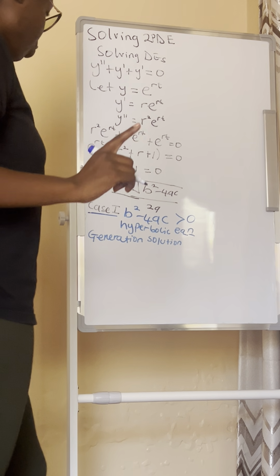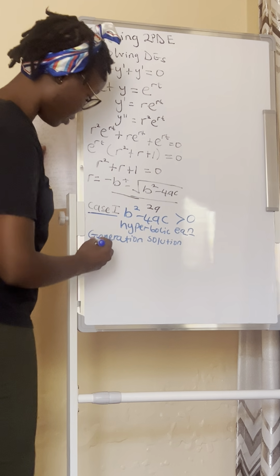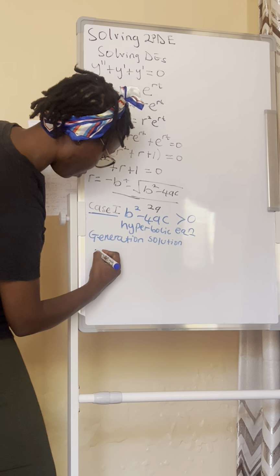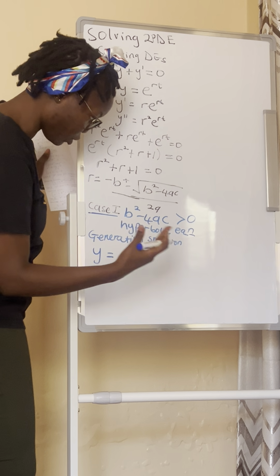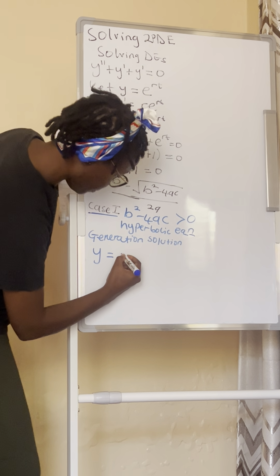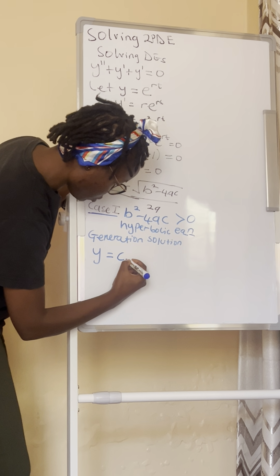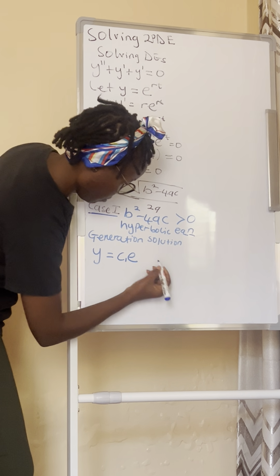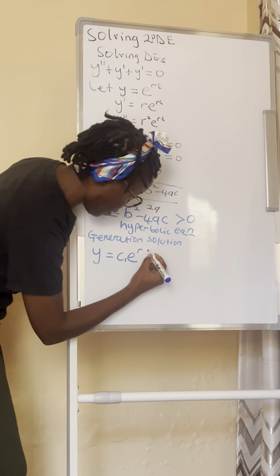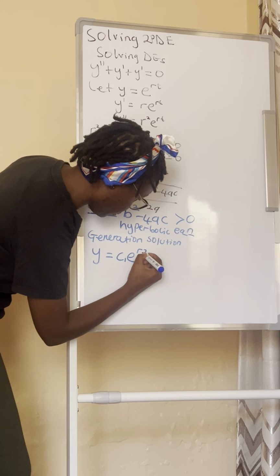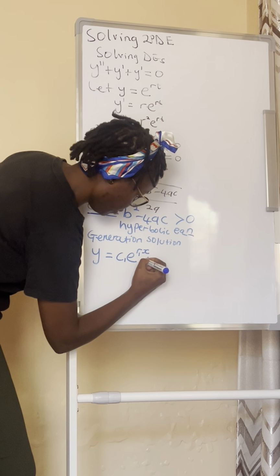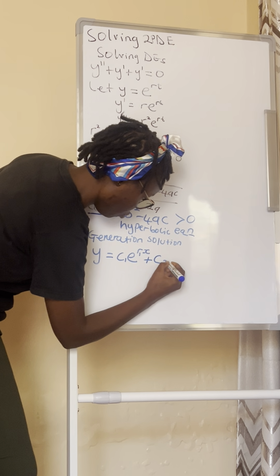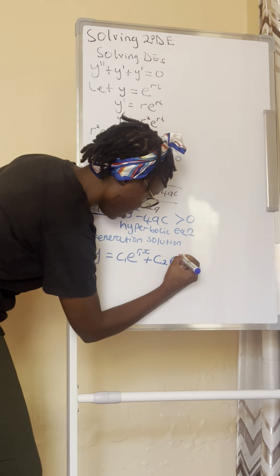For that to be true, the general solution will be y equals c1 e^(r1 x) plus c2 e^(r2 x), since there are two real roots.